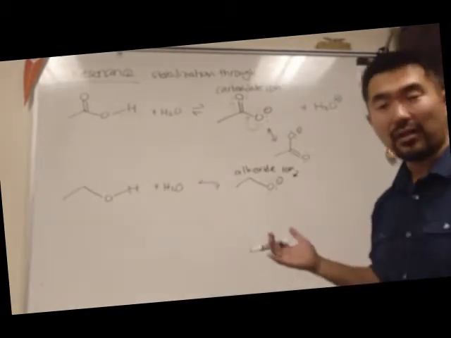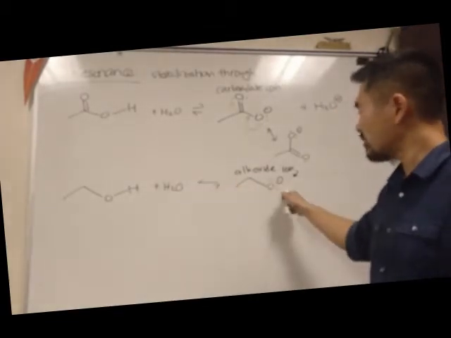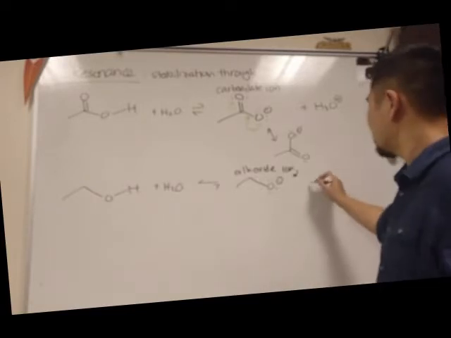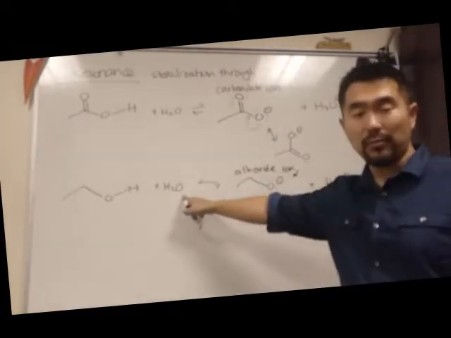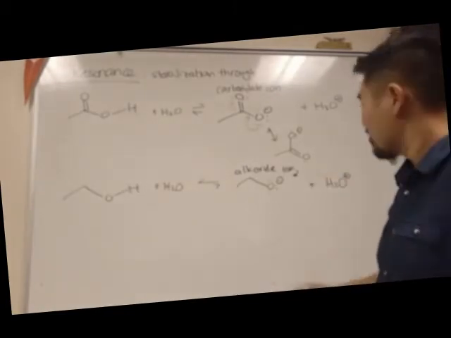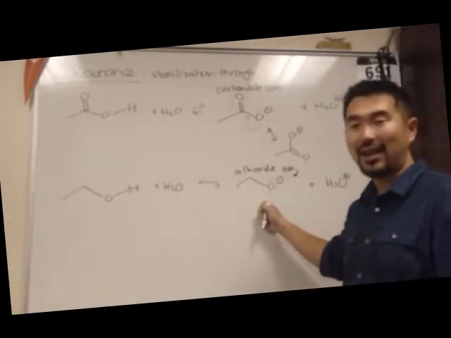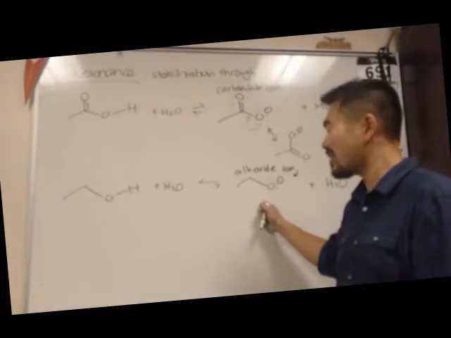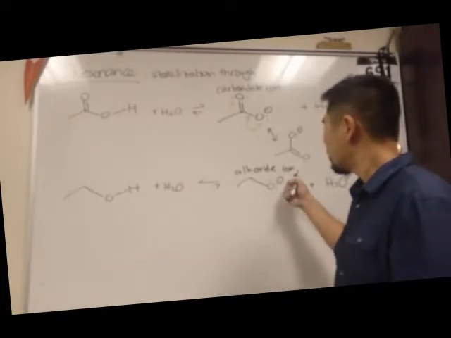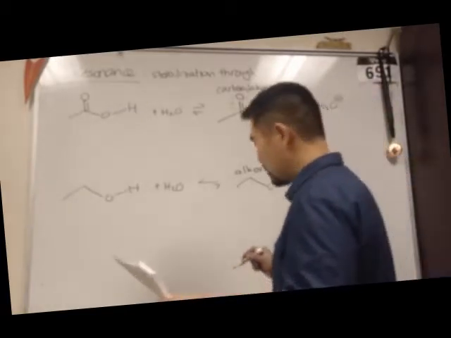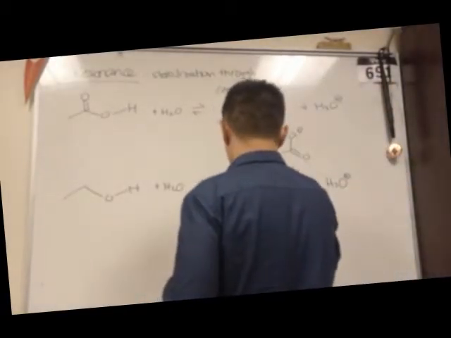When you get the conjugate base of an alcohol, that's called an alkoxide ion. Of course, hydronium ion is the other product when water acts as a base. But if you look here, that's a sad situation because there is no resonance. There's no other oxygen friend to bear the burden of the negative charge. This has no resonance.